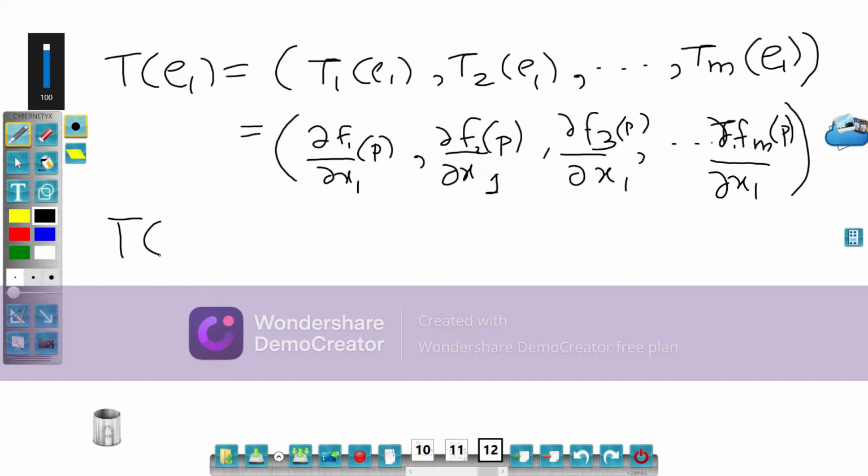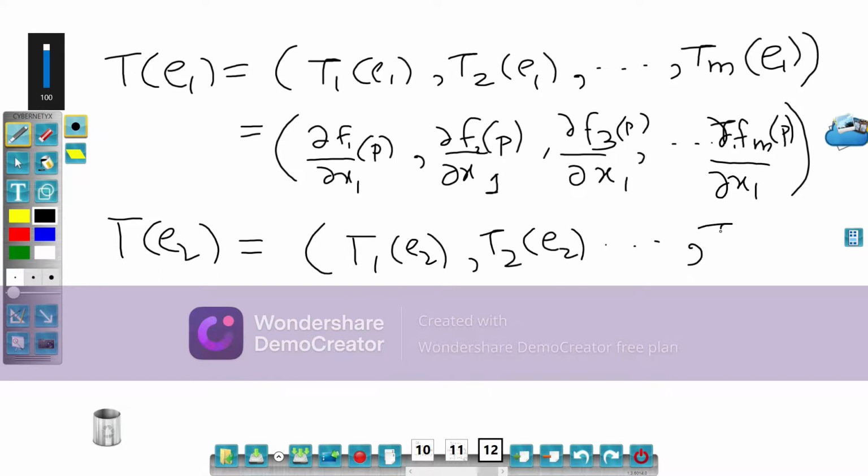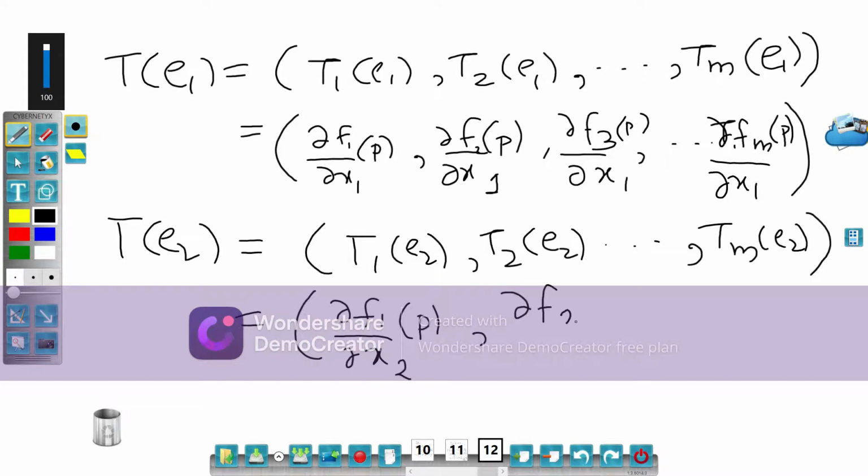Similarly T(e2) is equal to (T1 e2, T2 e2, ..., Tm e2), and we can even write this as (∂f1/∂x2 at p, ∂f2/∂x2 at p, ..., ∂fm/∂x2 at p).